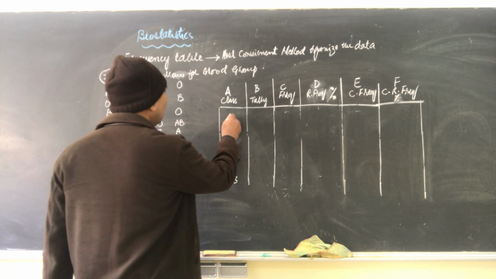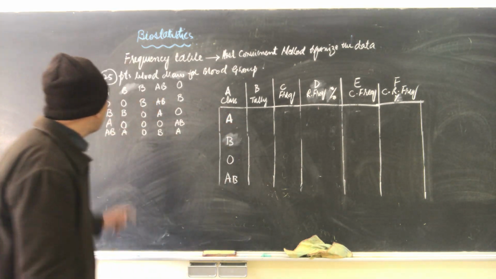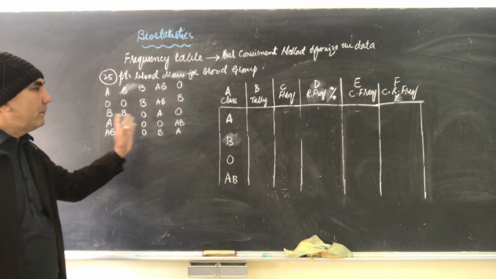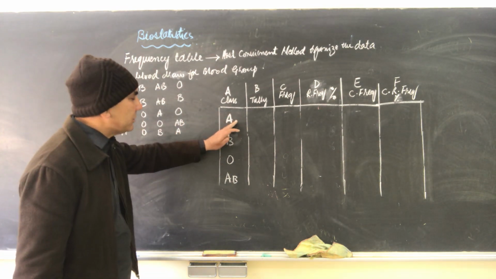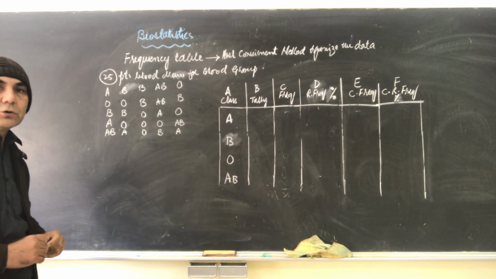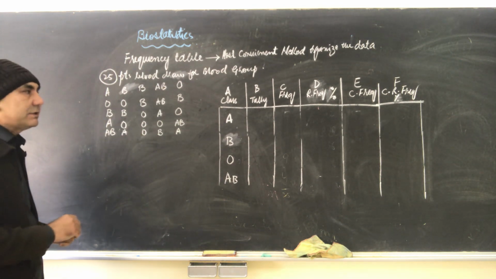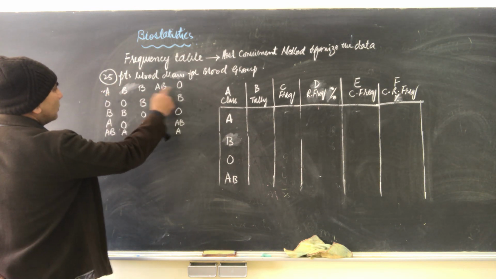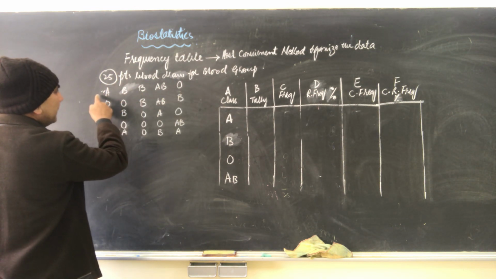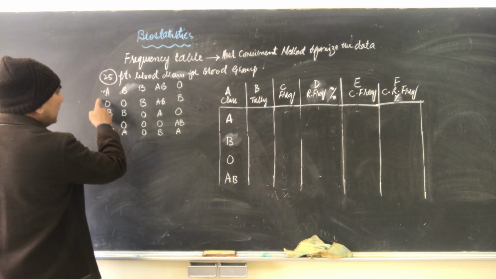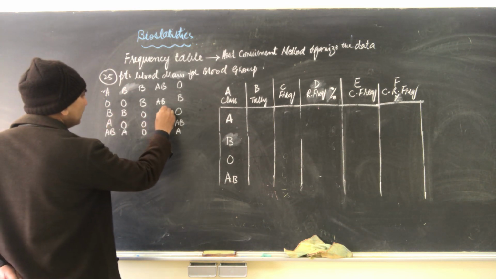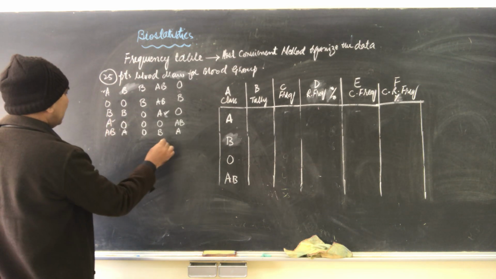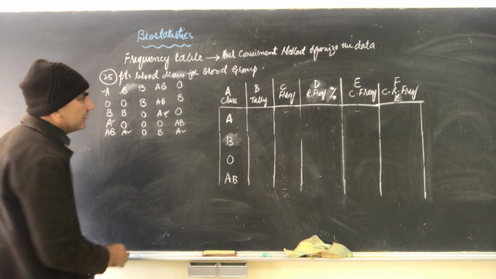So for blood group A, we will count how many patients have it in the total sample set of 25. This is 1, 2, 3, 4, and this is 5.